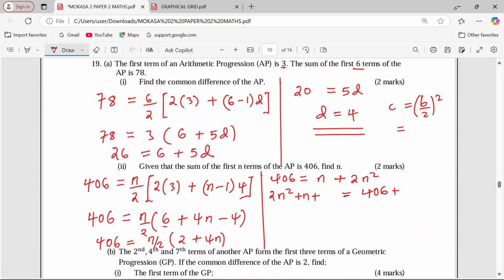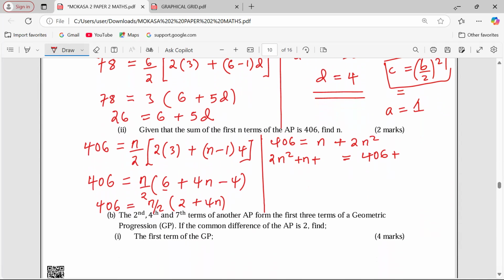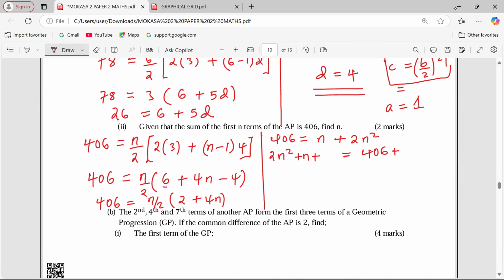Therefore, for me to apply this constant, I must ensure that the value of a equals 1. For the value of a to equal 1, I'm supposed to divide the whole equation by 2. So I will not apply the completing square at that point.